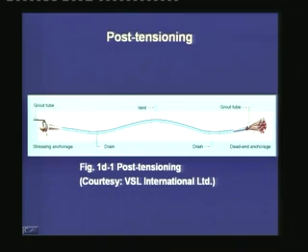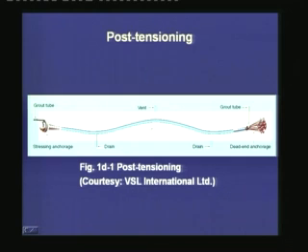Once the tensioning operation is done, the grout is pumped from one end, and as the grout flows, it is made sure that it covers the full length of the duct, so that the excess amount of grout oozes out from the other end.